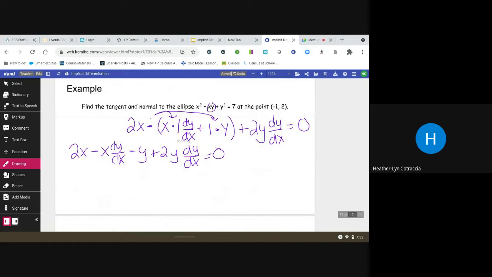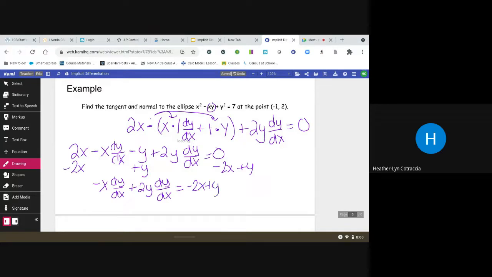So it really doesn't matter what you do here. I'm probably just going to subtract this 2x and add the y. So that will give me negative x dy/dx plus 2y dy/dx equals negative 2x plus y.